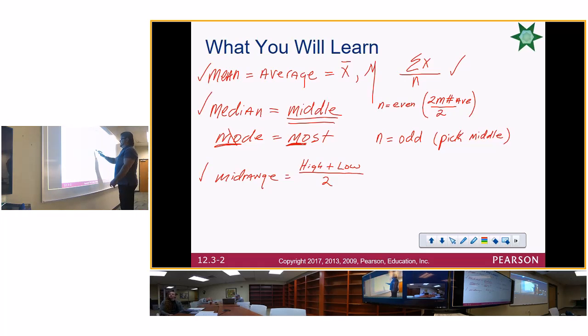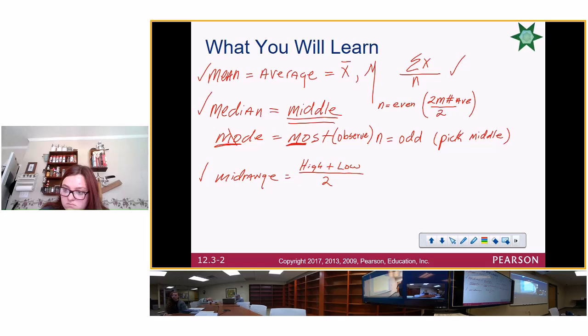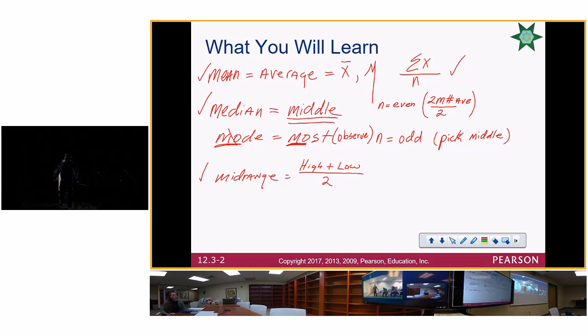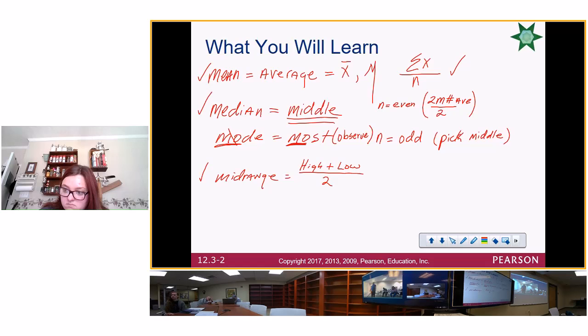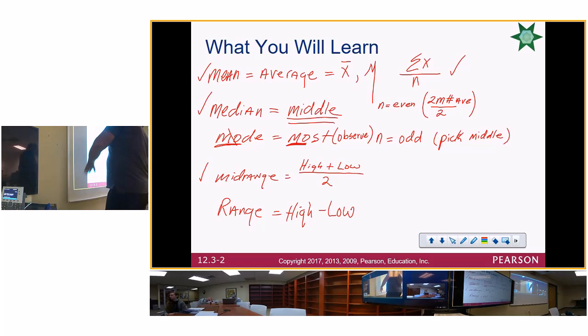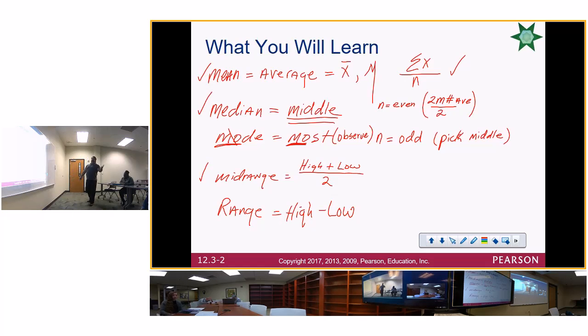This is observed. You don't calculate this, you just look at it. I don't really care about the mode, but it's easy for y'all to answer because all you have to do is look at the numbers and find out which one shows up the most. And the range is equal to the highest minus the lowest. Now we're going to learn these first because most of you don't know how to find the variance or the standard deviation. So we're going to wait and do that Wednesday.